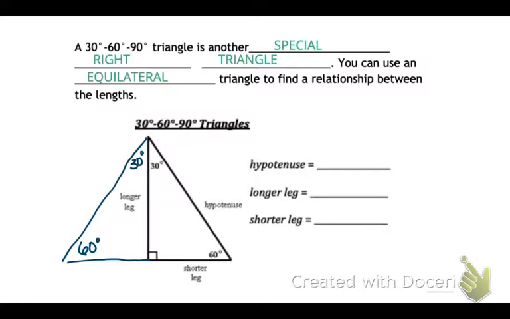Now we only have half of our 30, 60, 90 triangle here. Because when we started with the equilateral triangle, this side here would actually be the entire length of the hypotenuse of that right triangle, because of the properties of the equilateral triangle.